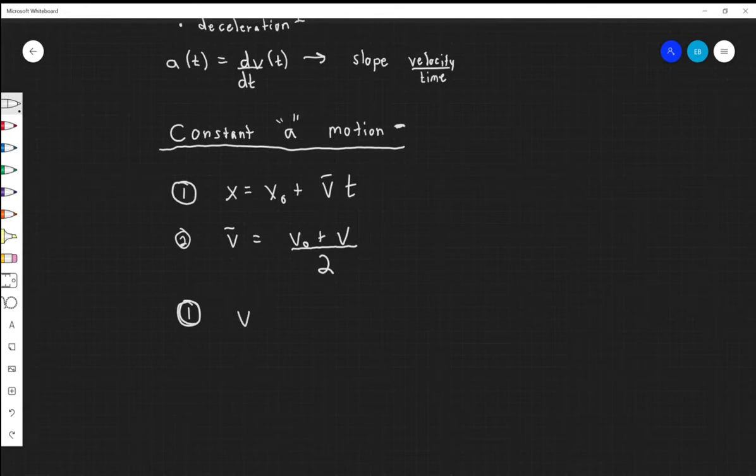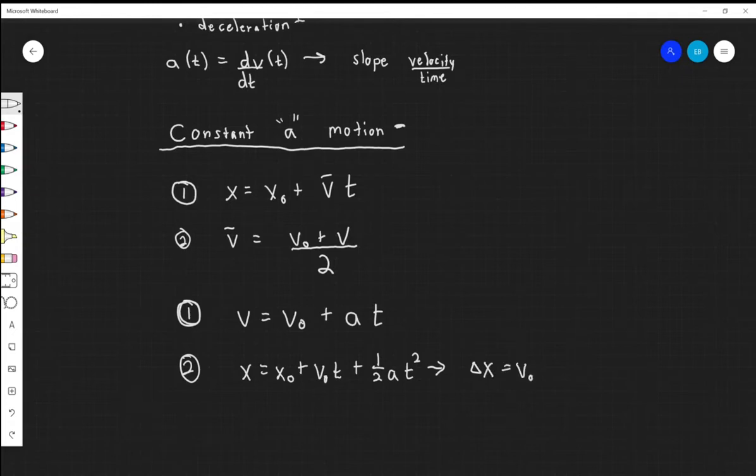We have some final velocity. v is equal to v naught plus acceleration times a change in time. We have x is equal to x naught plus v naught times t plus 1/2 a times t squared. And we can sometimes also write this as change in x is equal to v naught times the change in time plus 1/2 a times change in t squared.